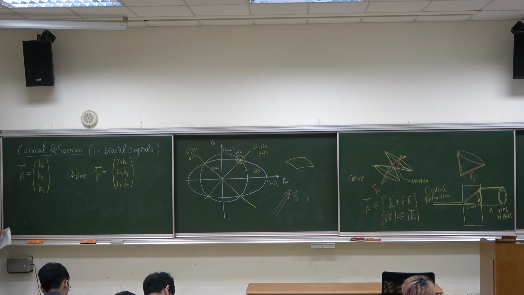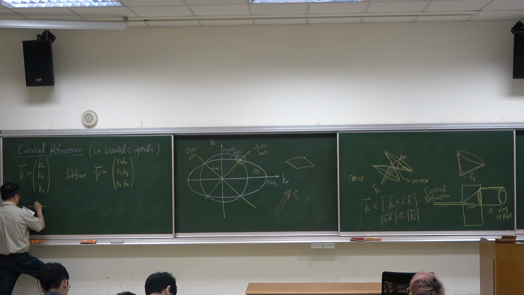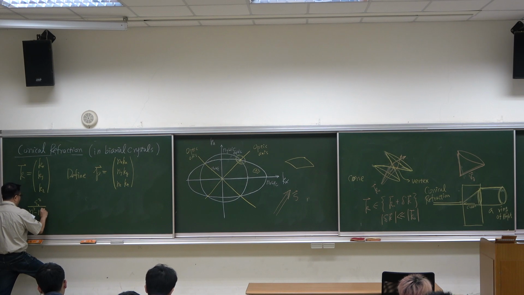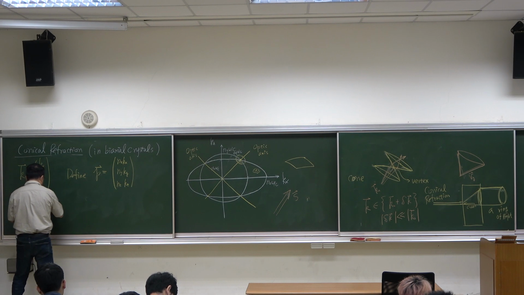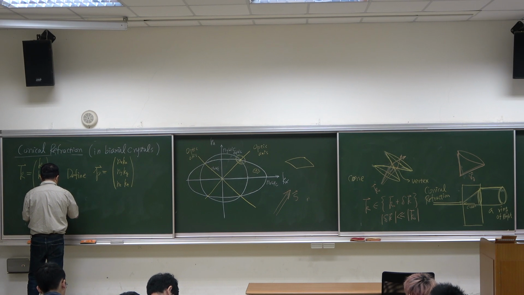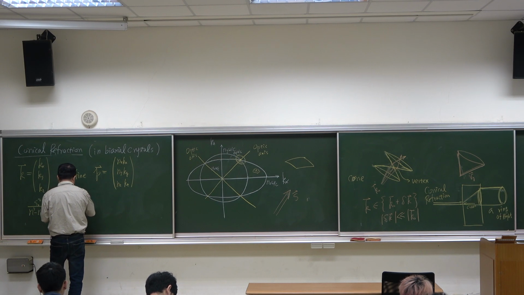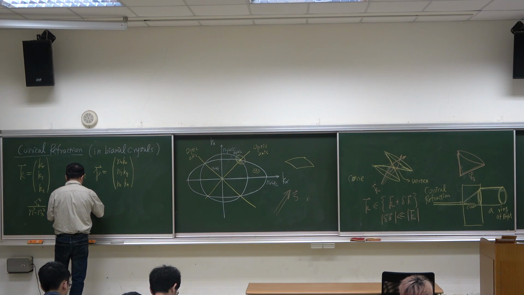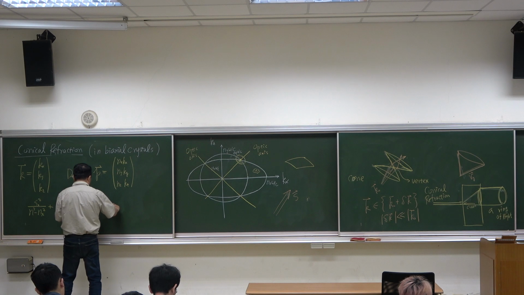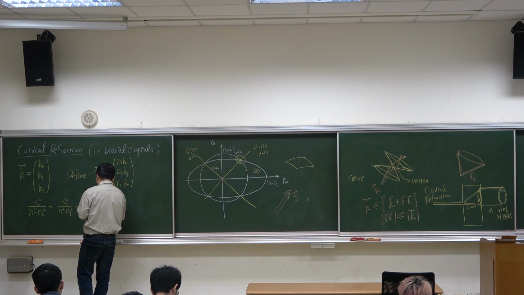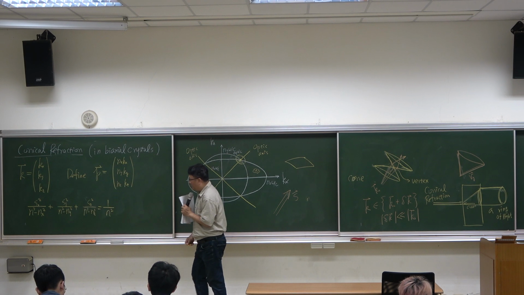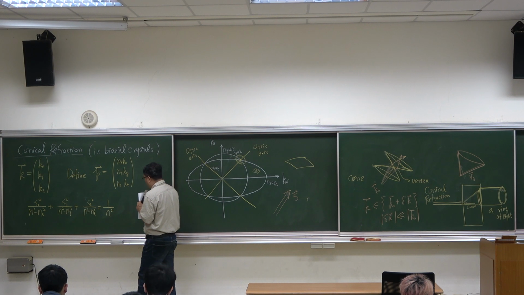Remember that we have the equation of wave normal written like this: sx squared over n squared minus nx squared plus sy squared over n squared minus ny squared plus sz squared over n squared minus nz squared equal to 1 over n squared. Okay, this is the equation of wave normals.